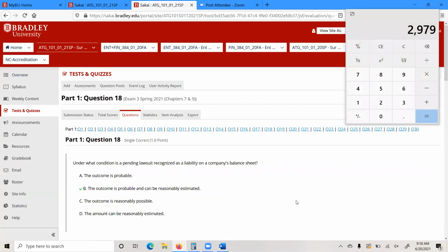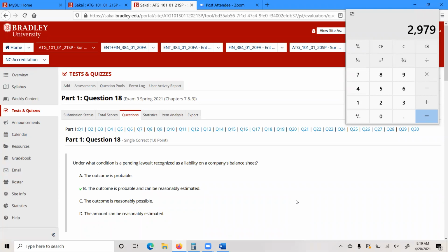18, pending lawsuit. Per Chapter 7 on liabilities, when is a potential lawsuit actually recognized as a liability? You have to meet the criteria of the liability: a reasonably unfavorable outcome, meaning you're going to lose, and we have a pretty good guess as to what the estimate is.